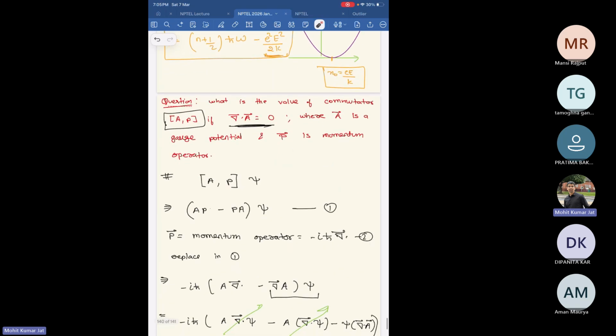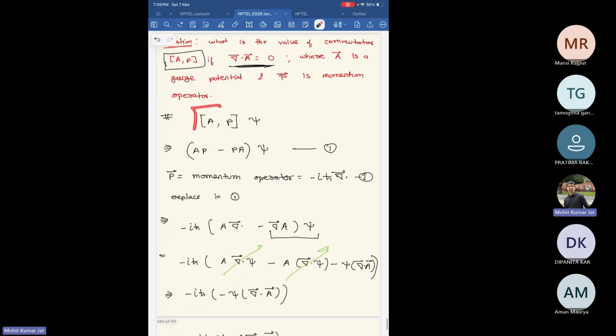And then finally, in question number 4, we discussed the commutators. If the commutator is given, and if divergence of A is equal to 0, then determine this commutator relation output, what it will be for a given relation of divergence of A equal to 0, and P is the momentum operator.